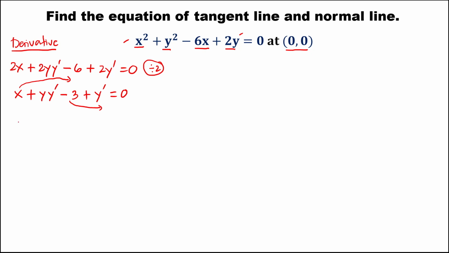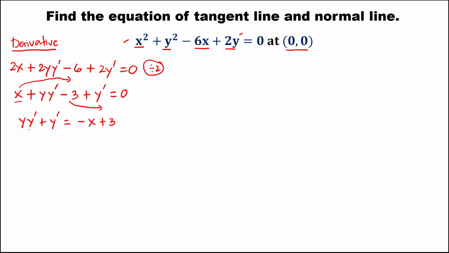On this side, only terms with y prime: we have y y prime plus y prime equals. So this positive x becomes negative x, and this negative 3 becomes positive 3.